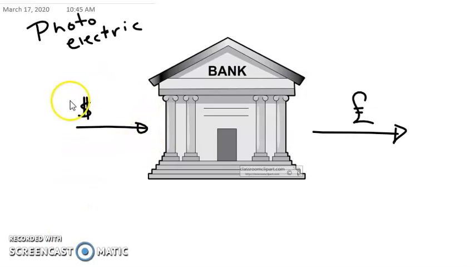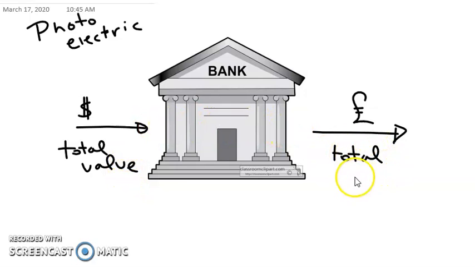Now, the total value of the money you put in and the total value you wind up with after any exchange won't match, because the bank is not going to give you 100% value. The bank is going to be charging you a fee.